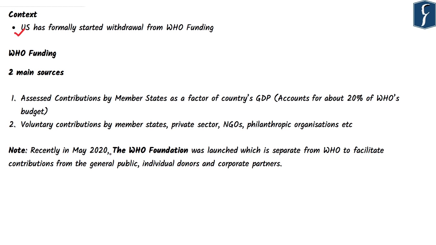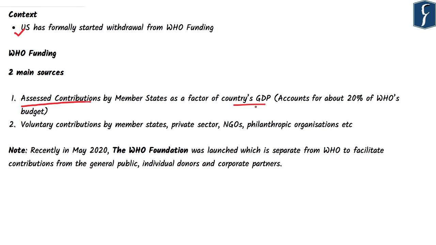One is the assessed contributions by the member states as a factor of the country's GDP. By virtue of being a member of WHO, a country has to give some contribution to WHO funding. The larger the size of the GDP, the more contribution has to come. There is no fixed formula as such, but the contribution of a nation has to be proportional to its GDP.